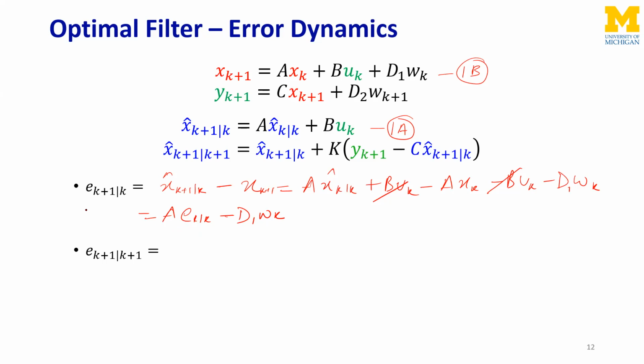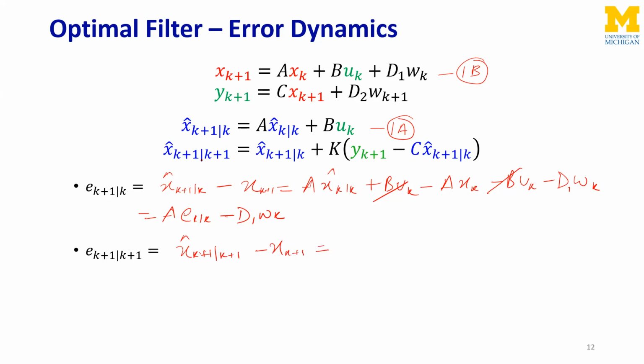Okay, so once we have this equation, we are going to write the error dynamics of the posterior error. So this was the dynamics of the prior error. Again, I shouldn't be calling it dynamics, but let's just say that the prior error satisfies this equation and the posterior error is going to satisfy this equation. So that's going to be x hat k plus 1 given k plus 1 minus x k plus 1. This is just by definition.